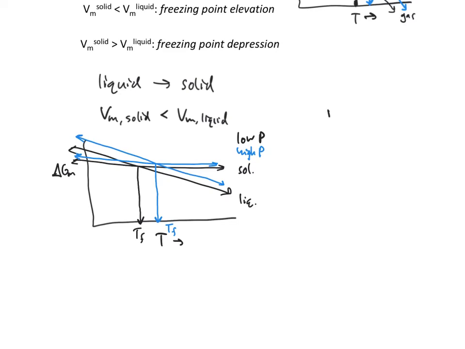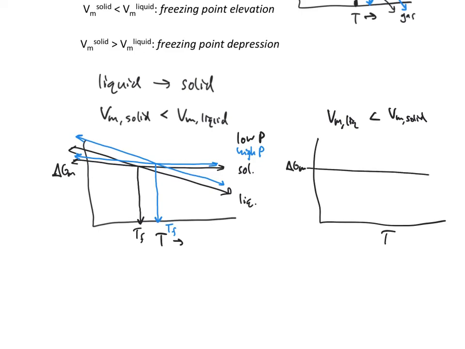In comparison, let's consider the situation where the liquid molar volume is smaller than the solid molar volume. As before, we've got temperature on this axis, molar Gibbs free energy on this axis. And because we're not changing the entropy, the slopes of these two are not going to be any different than they were before.